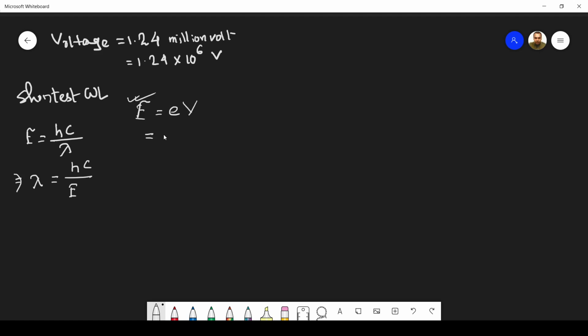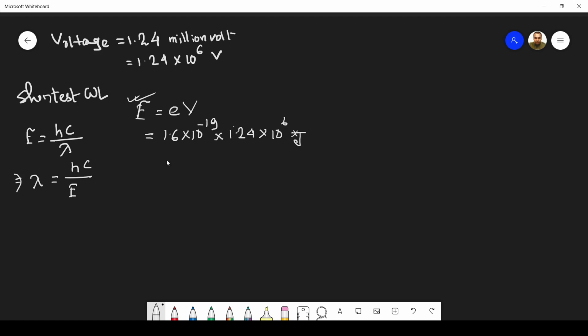The electron charge is 1.6 multiplied by 10 to the power minus 19, and V is given here as 1.24 multiplied by 10 to the power 6. So energy is this much joule.